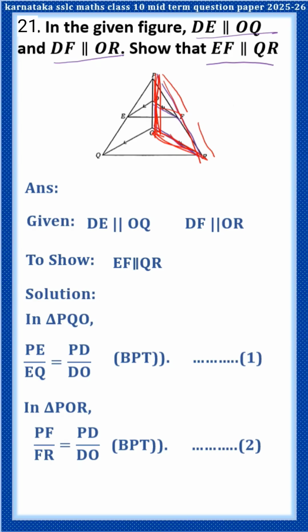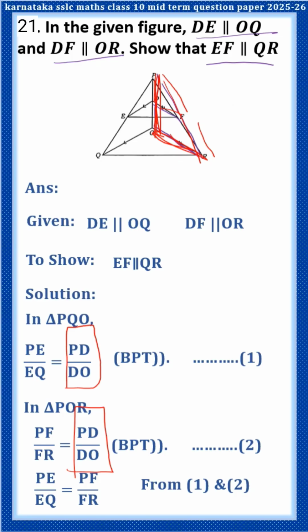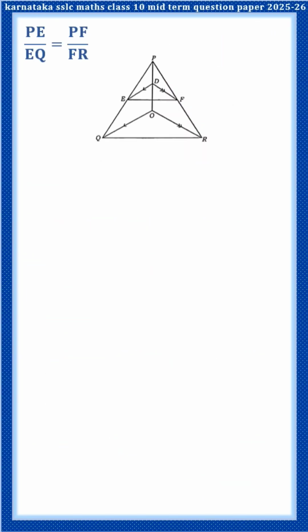Observe equation number 1 and 2. PD, DO are same. So PE by EQ is equal to PF by FR, from 1 and 2. So this line is parallel to this line.